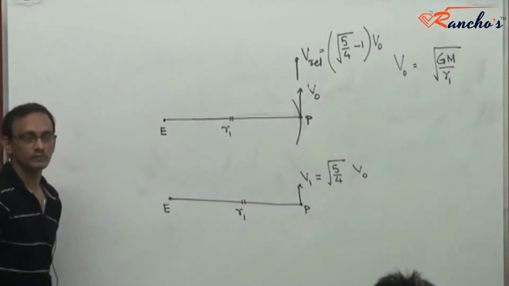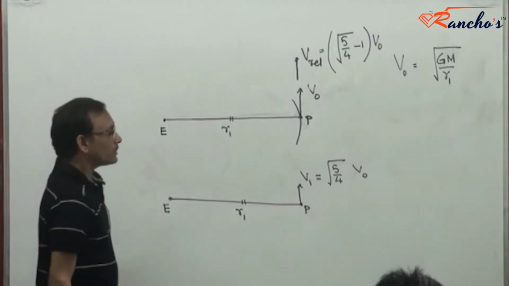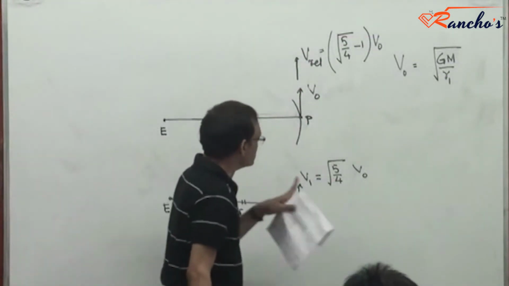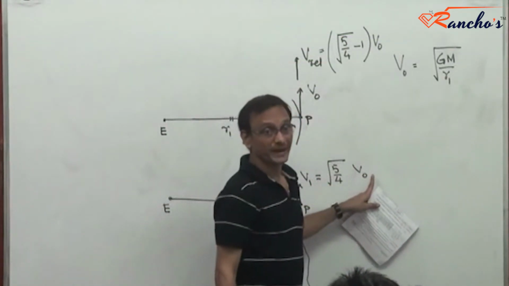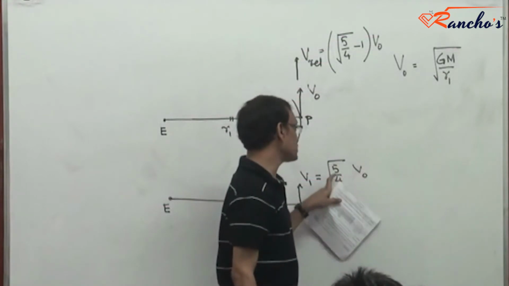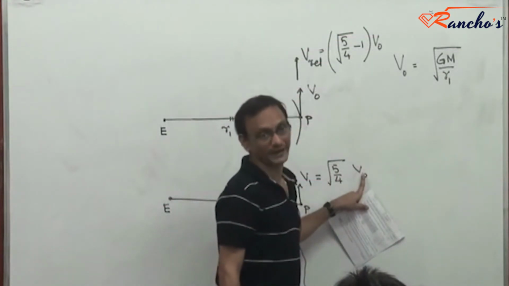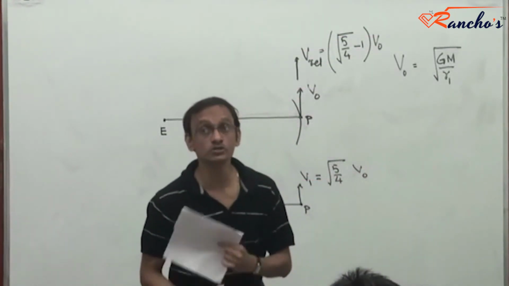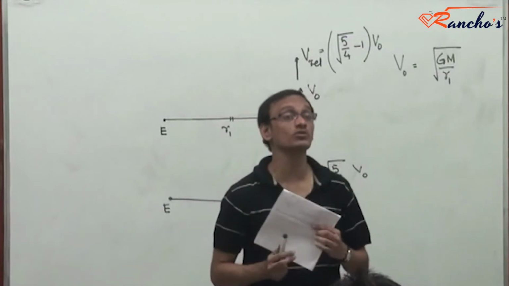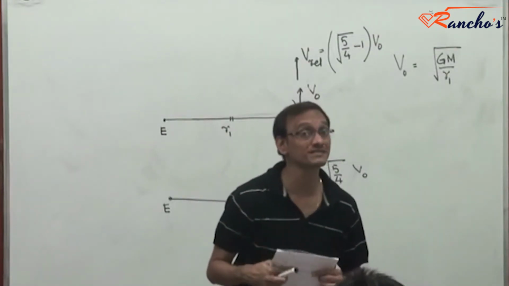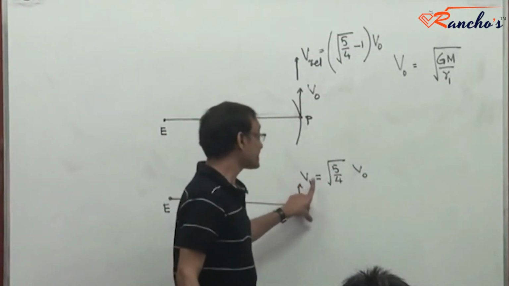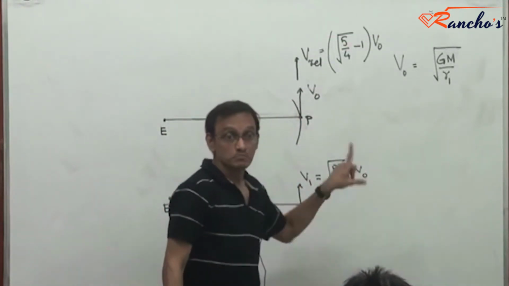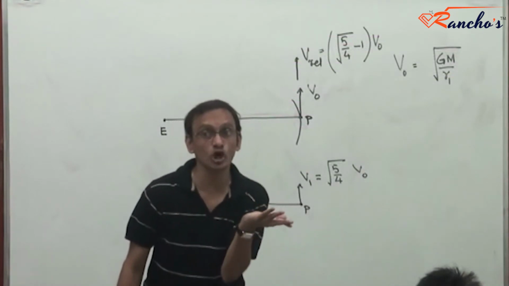Yes or no? Clear? Now do you realize that this is less than root 2 but greater than the orbital speed? This is greater than the orbital speed but less than root 2 times the orbital speed. So whenever that happens, the path assumed is going to be an ellipse, if the velocity of launch is greater than the orbital speed but less than root 2 times the orbital speed.